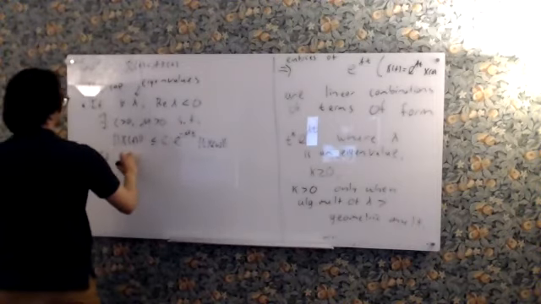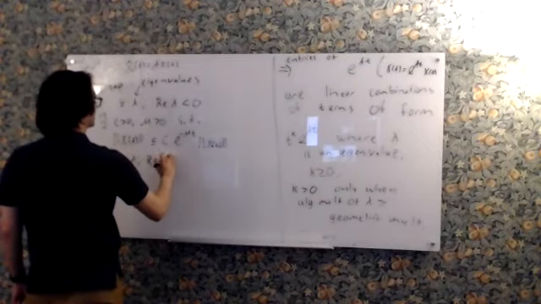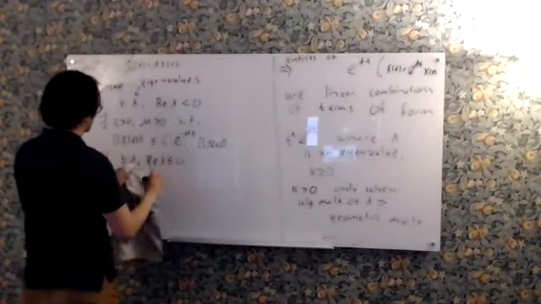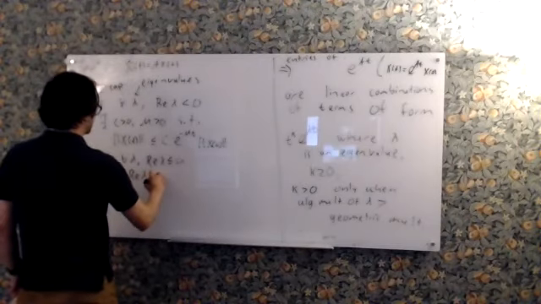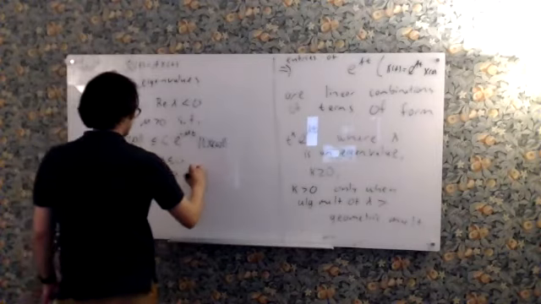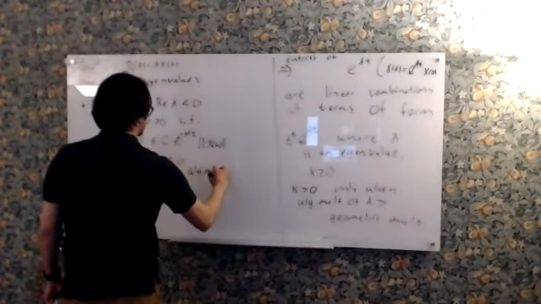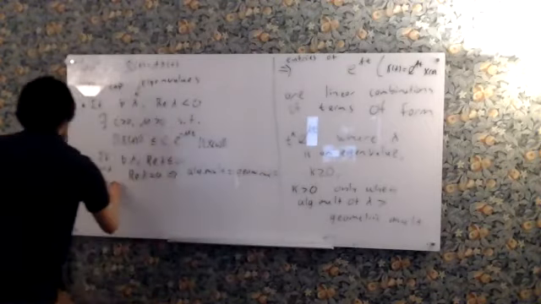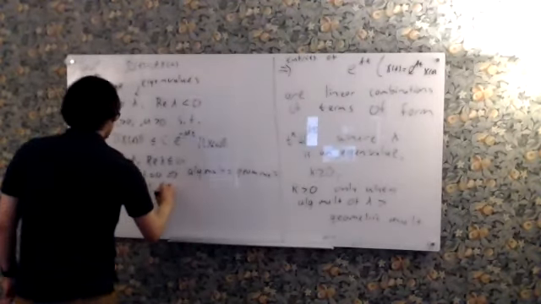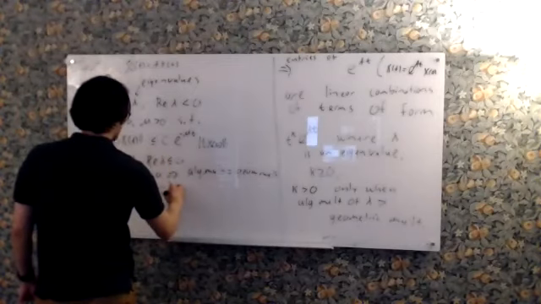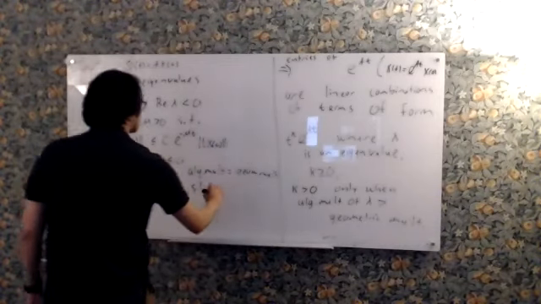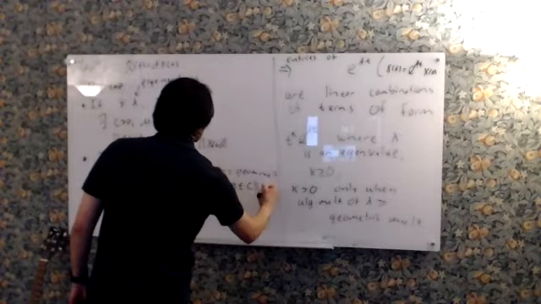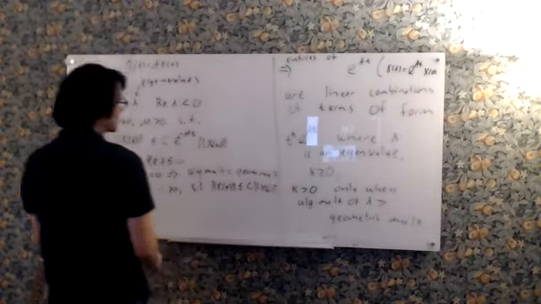If for all lambda, the real part of lambda is less than or equal to 0, and real part of lambda equals 0 implies algebraic multiplicity equals geometric multiplicity, then there exists c greater than 0 such that the norm of x of t is less than some constant times the initial condition in terms of the bound.